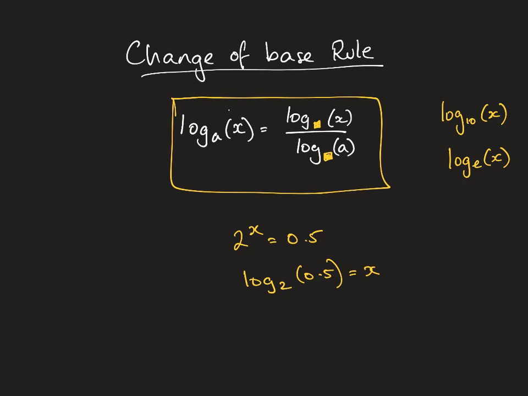There was no way to do it. So what we would have to do is rewrite this in either log to the base 10 or log to the base e, either one of those, so that we could use our table of values.